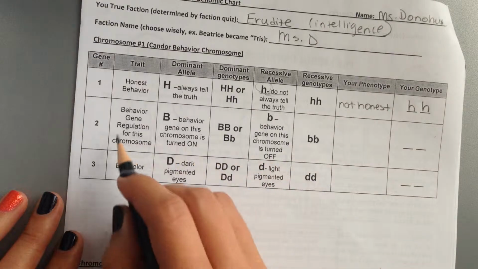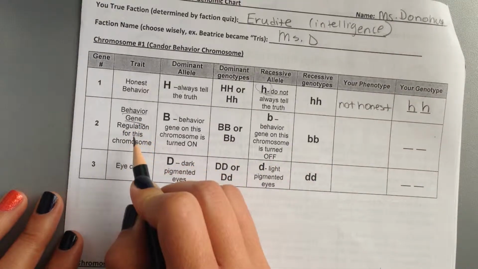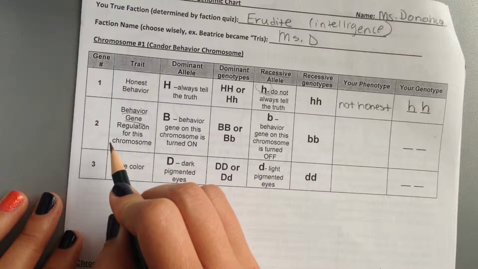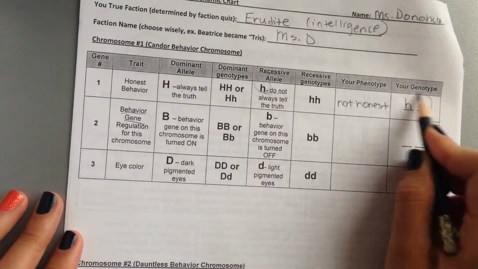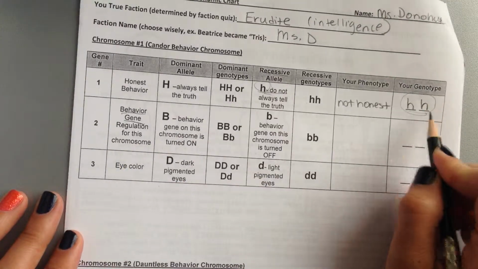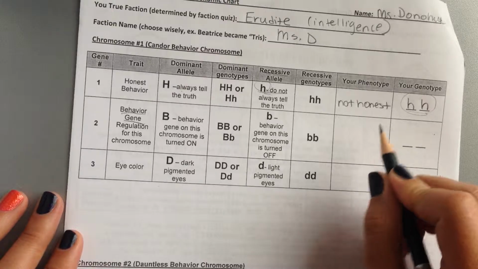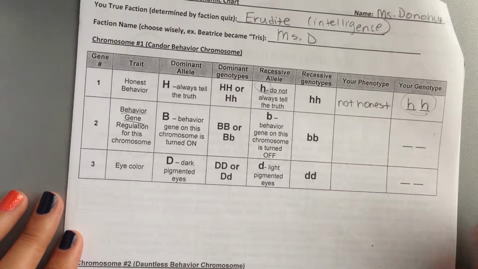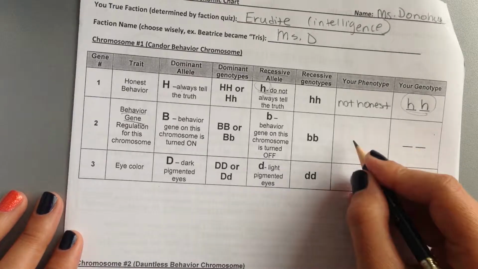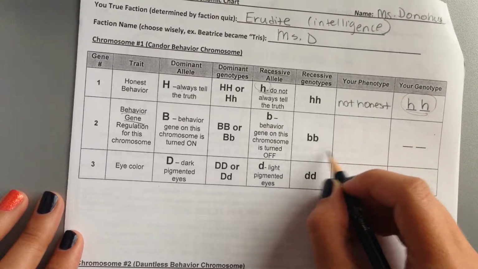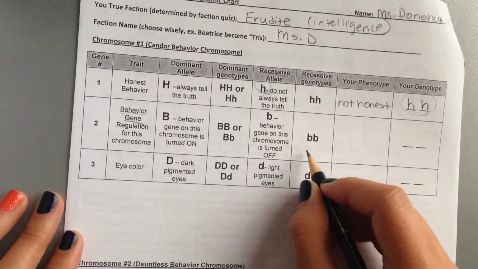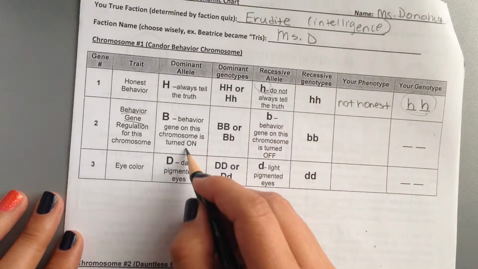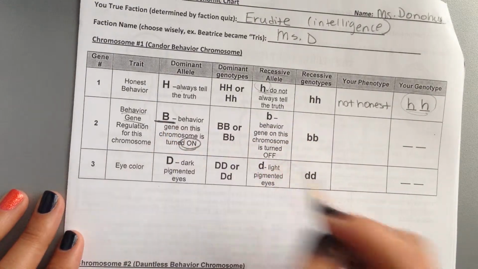Now, if I come down to here, the behavior gene can be on or off. I'm not honest, as determined by the genotype right above it, so that means I have 2 options. If I want the possibility of my child being honest, I could actually have this turned on. So I'm going to have this behavior gene on, and that means it's a dominant trait.